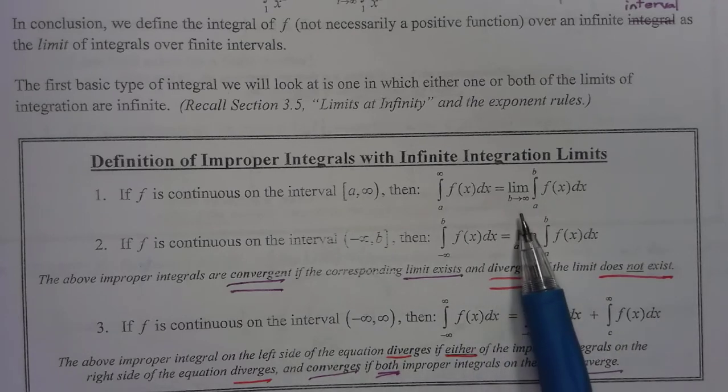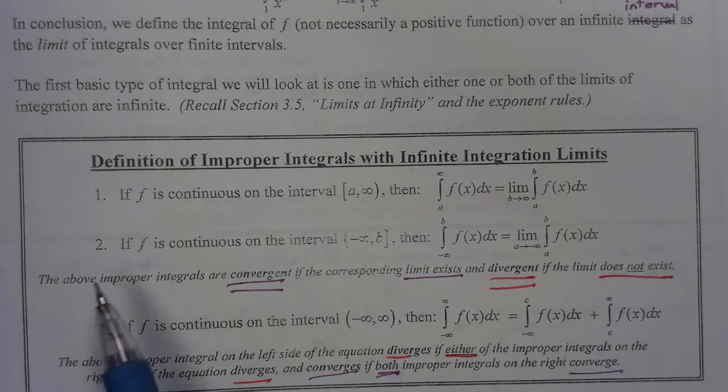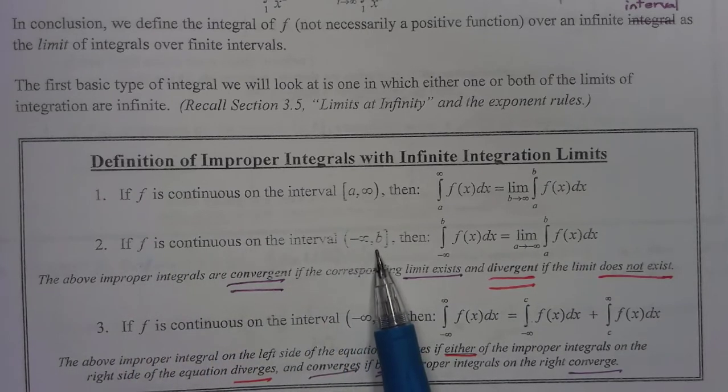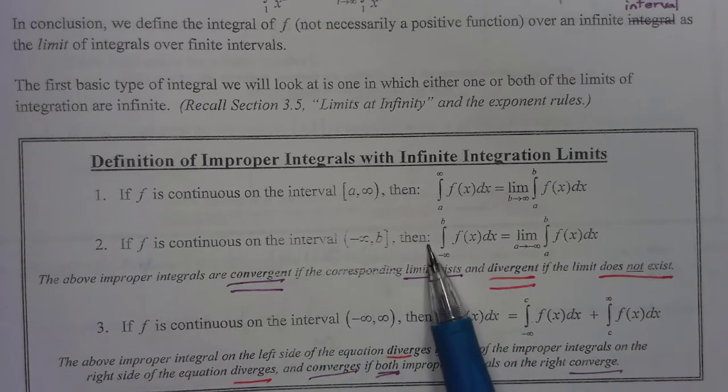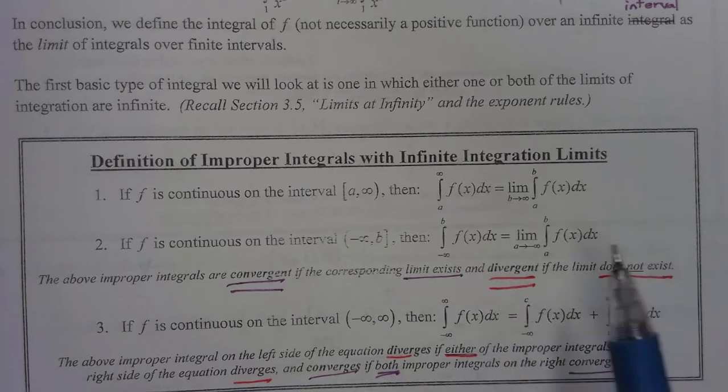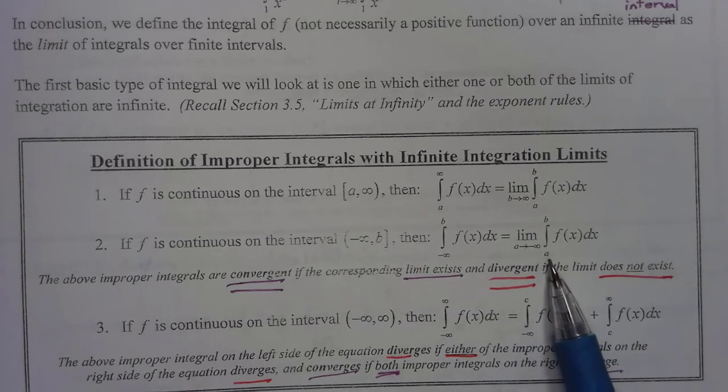So we'll take our limit as b goes to infinity. If f is continuous on the interval from negative infinity to b, closed at b, then the integral from negative infinity to b of our function f of x dx is defined to be the limit as a goes to negative infinity of the integral from a to b of f of x dx.